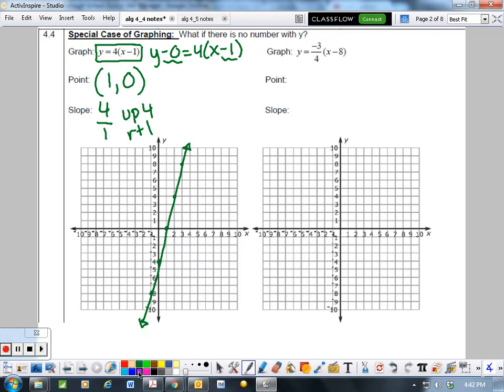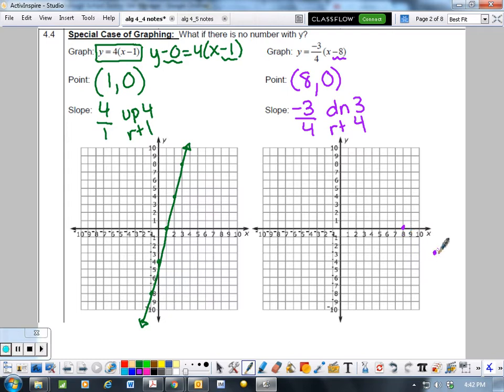So on our next one, let's look at our x. It starts at -8, so it means it's a +8. There's no number with y, which means 0. So I'm starting at (8, 0). And then I have a slope of -3 over 4, which means I'm going to go down 3 and right 4. When I'm looking at this point, I can go down 1, 2, 3, but I can't go right 4.